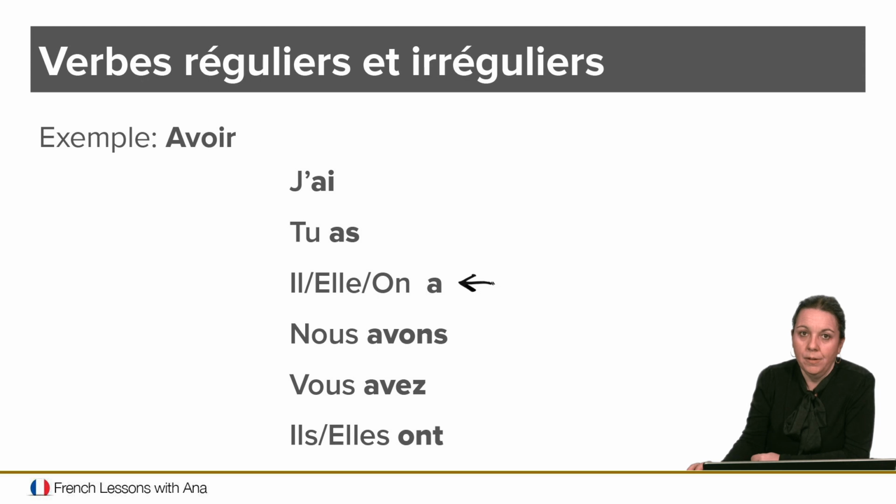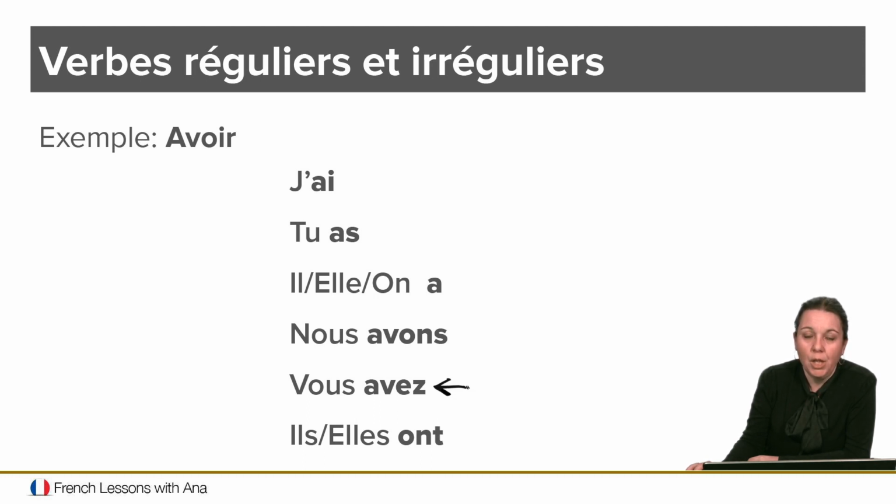Now remember, this is a vowel. This guy ends in an N. This on a becomes on n'a, pronounce the N, connect. It sounds like one word. Then we're going to do the same thing with the S and the A in nous and avons, right? So nous avons. We have. Then we have the vous, and for vous it's avez. Do the liaison.